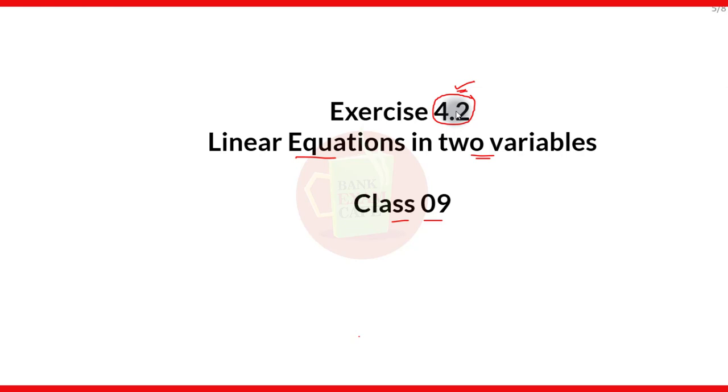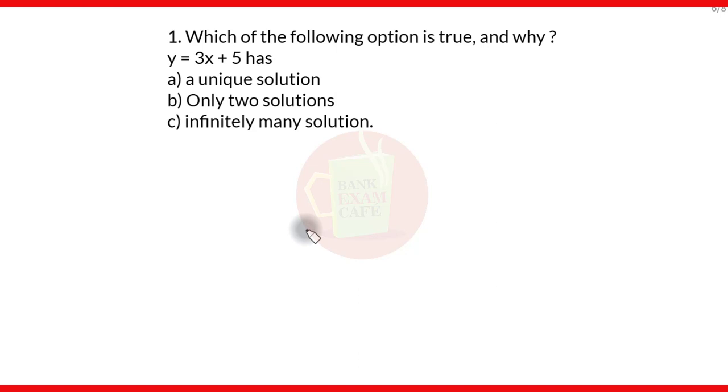Now let us see the first question from exercise number 4.2. Here is the first question on the screen: which of the following options is true and why. y is equal to 3x plus 5 has a unique solution, only two solutions, or infinitely many solutions.